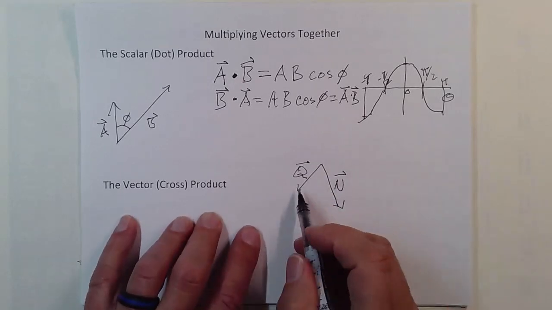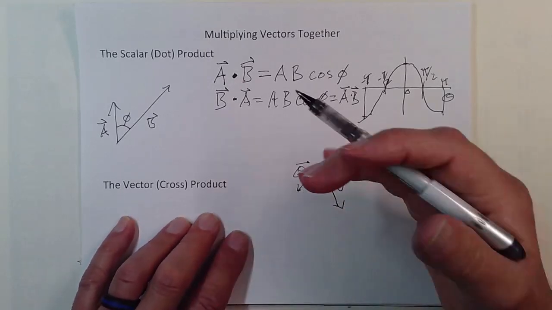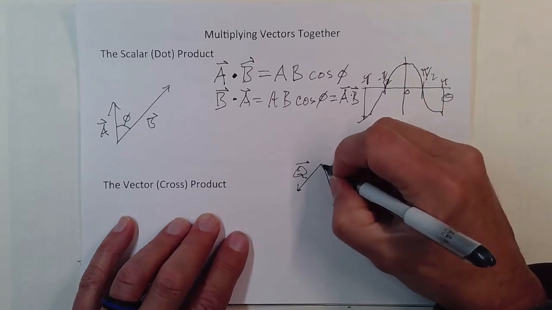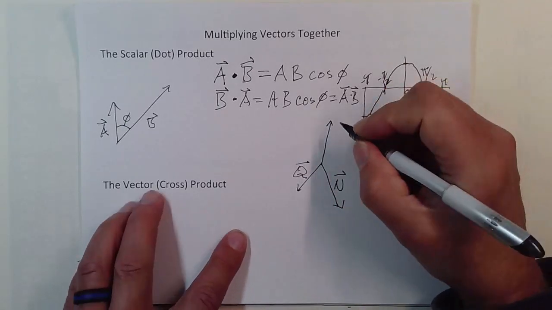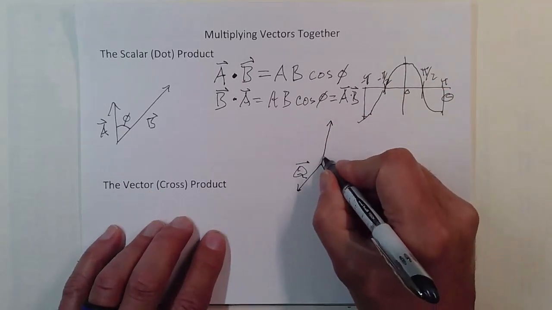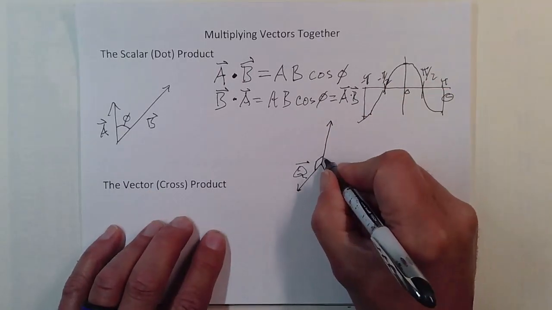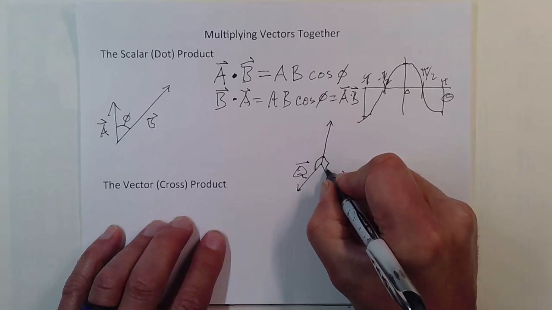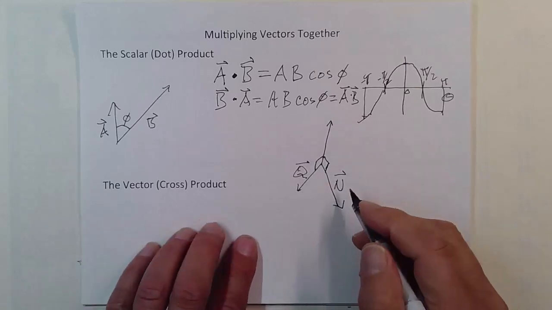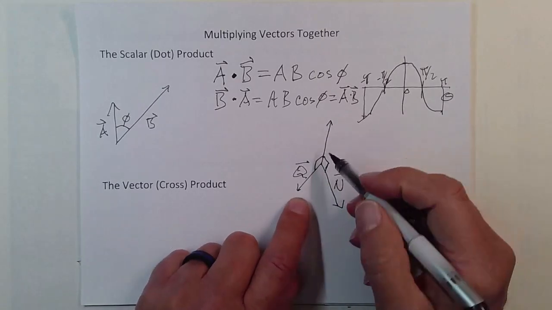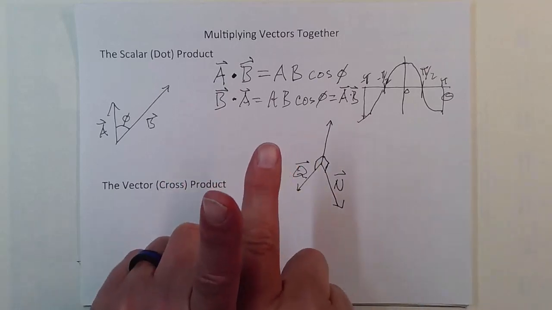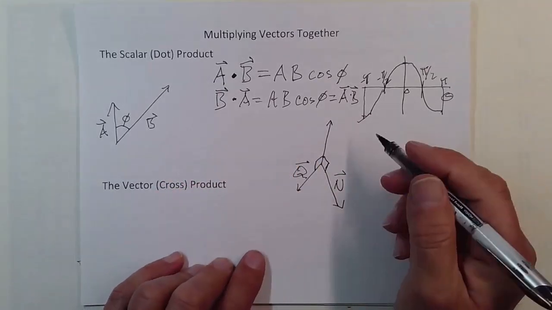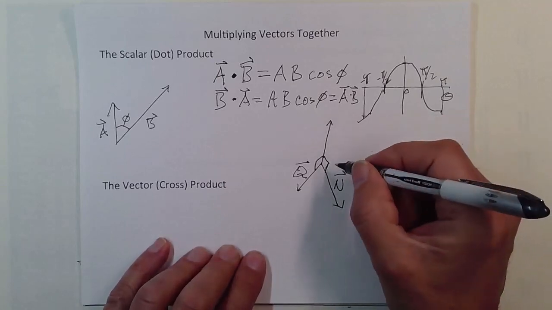The cross product of Q into N turns out to be a vector. That's why we call it the vector product, and it is perpendicular to both Q and N. And Q and N determine a plane. Two lines determine a plane. You may remember that from geometry way back.